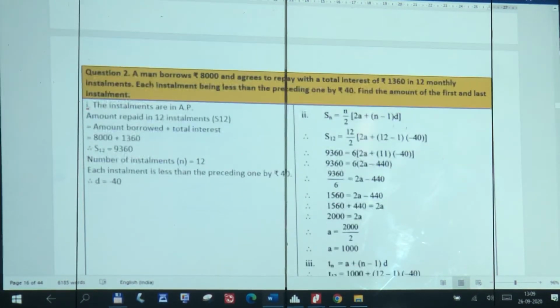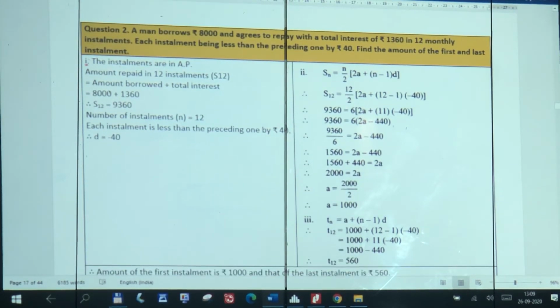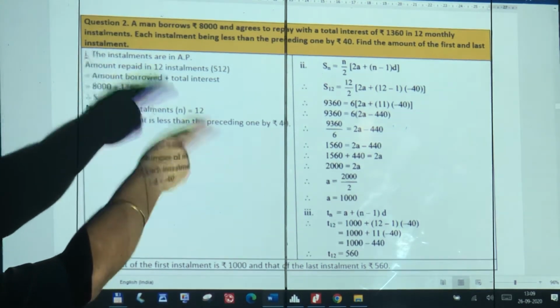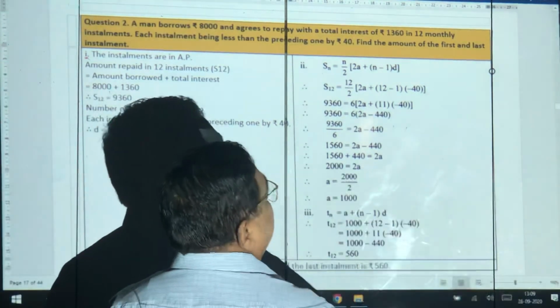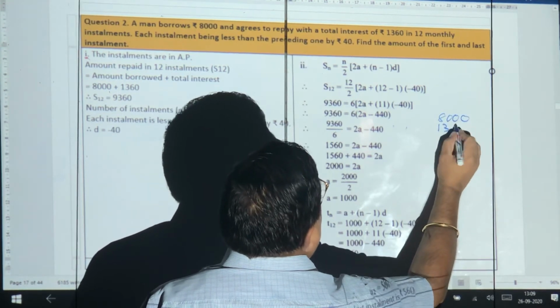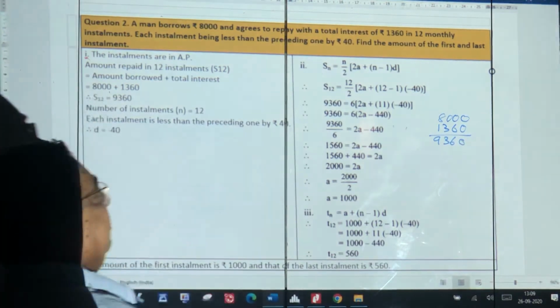A man borrows 8,000 rupees and agrees to repay with total interest of 1360. So how much is he paying? 9,360. The principal plus interest. So don't forget, my friends. Okay. He's taken 8,000 and he agrees to pay interest. He will pay total amount like this.